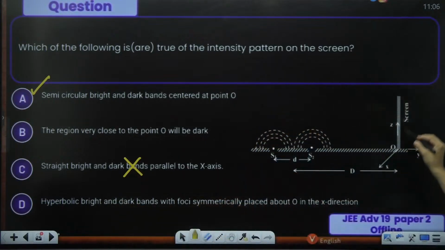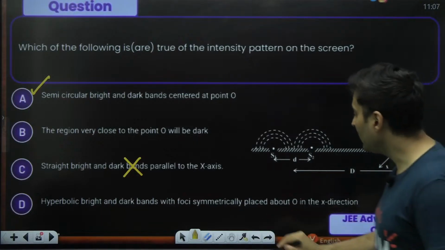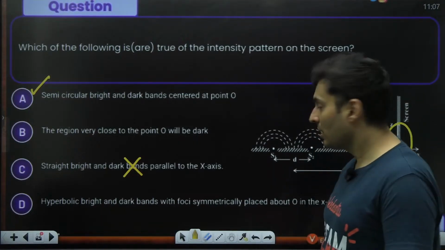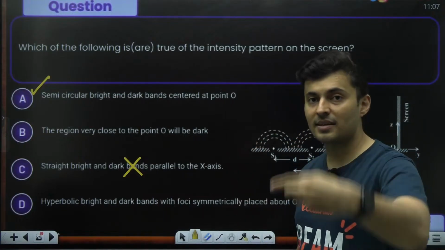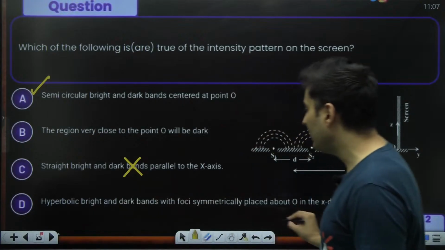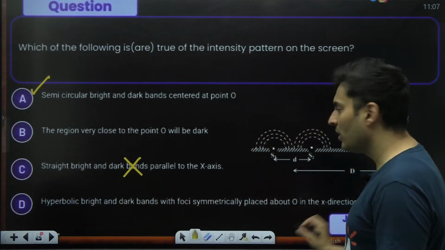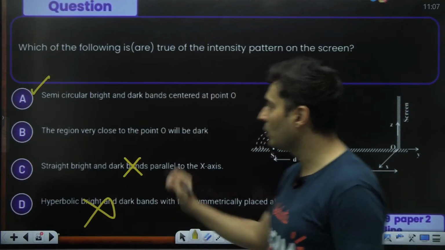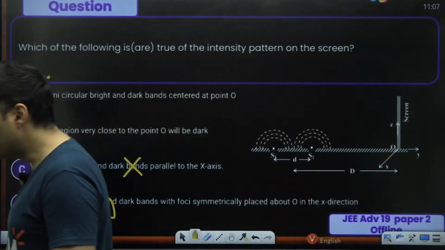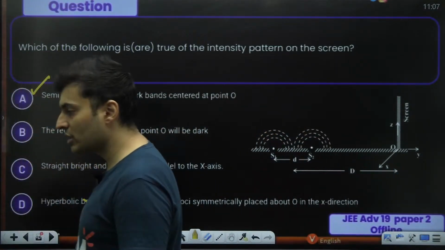When you see the fringes on the screen, they are circular. The intersection of those hyperboloids on the plane is not a hyperbola, it is a circle. So hyperbolic bright and dark bands are formed? No, that is also definitely going to be wrong. It is circular. C and D options got eliminated.